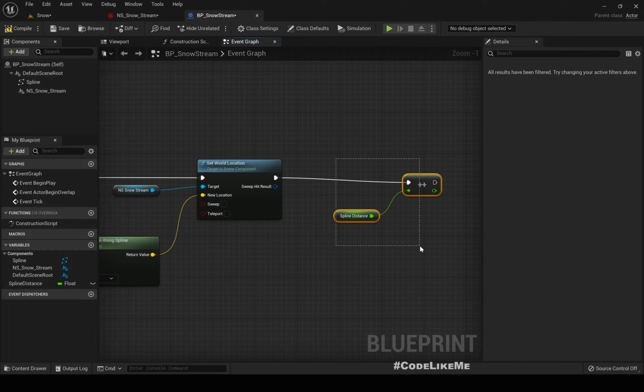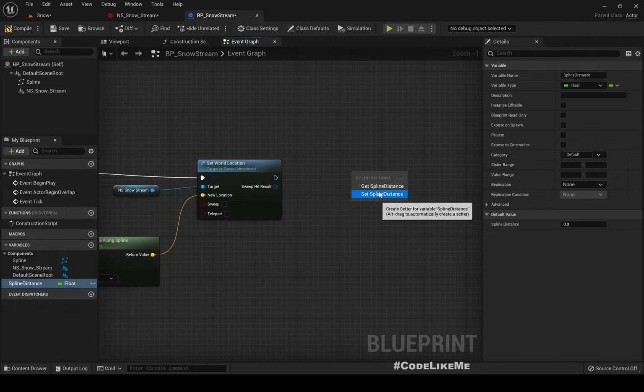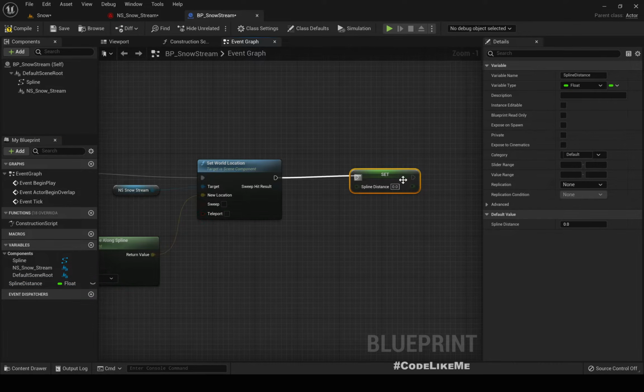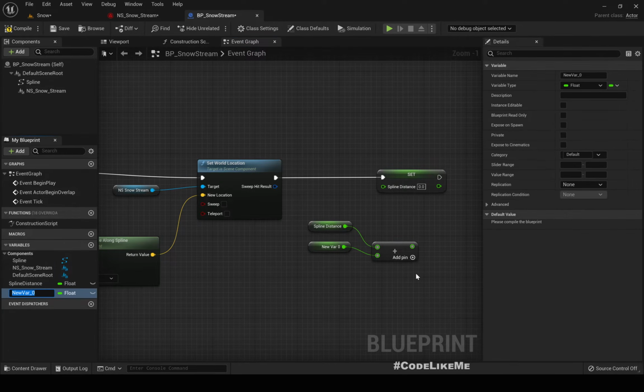Well, if we need to change the speed, instead of increasing it by 1, we can do something like this. Set spline distance, get spline distance plus this one, let's promote to a variable, speed. For now I'll keep speed as 1.